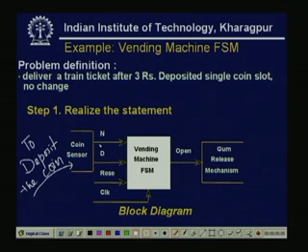There are two types of coins, two inputs I have taken, N and D, and this is a reset line, the machine reset line.